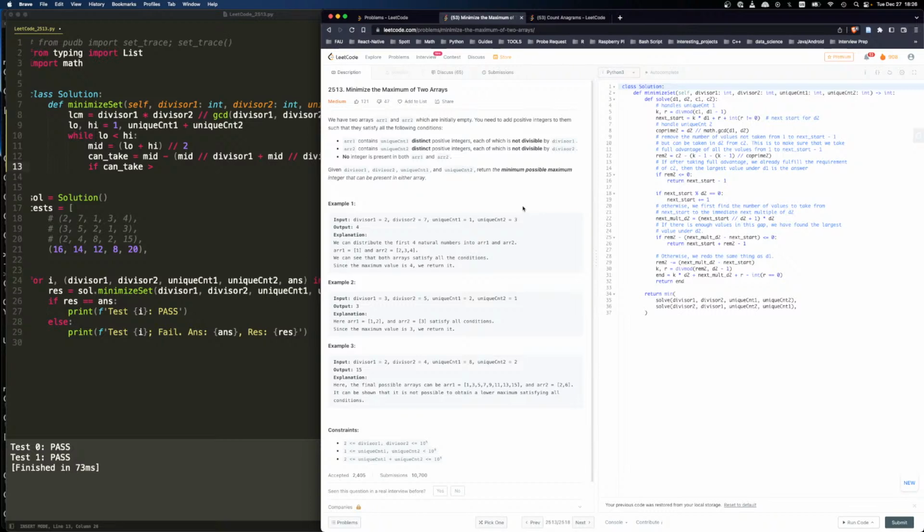We have the total count of 1, right? The total count is 2. And it should be unique count 1 plus unique count 2. Hold on, doesn't feel right. Yeah, we have a total is this. So we take those away, and the remaining shall be the count. Then this is not right.